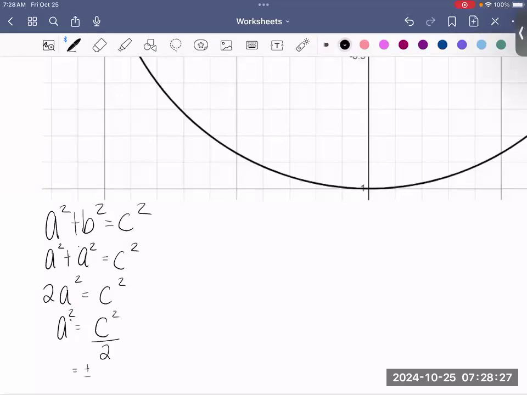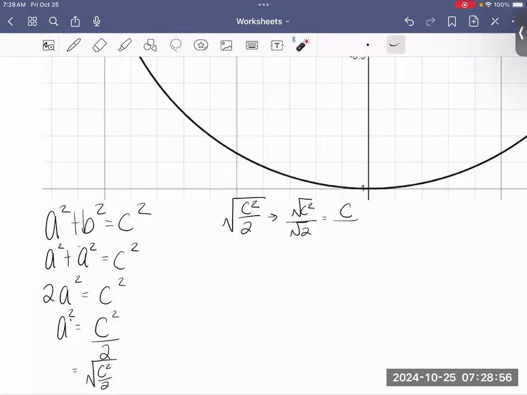Now, typically when you take a square root, we have to account for the positive and negative. But because we're talking about a measure or a distance, we are only working with a positive number. From chapter 1.2, we talked about how to simplify something like this. If we have the square root of c squared over 2, this just means we can break up these two and evaluate. c squared is easy because it's squared and square rooted, so they undo each other.